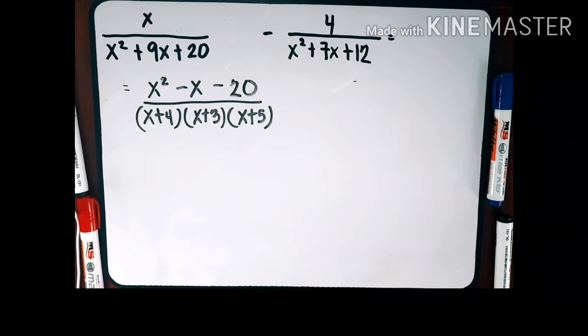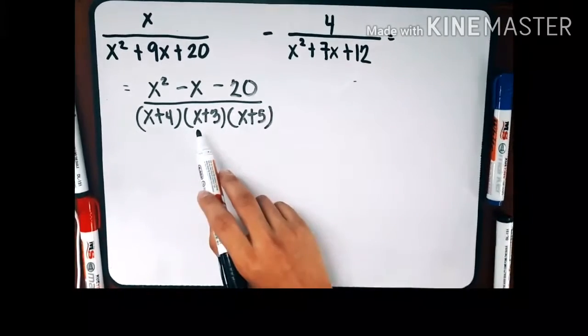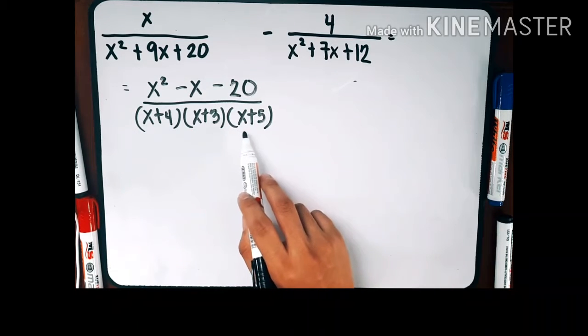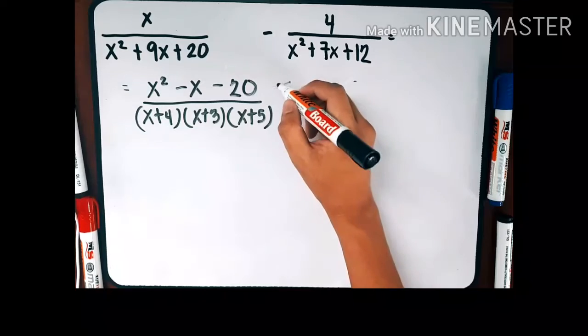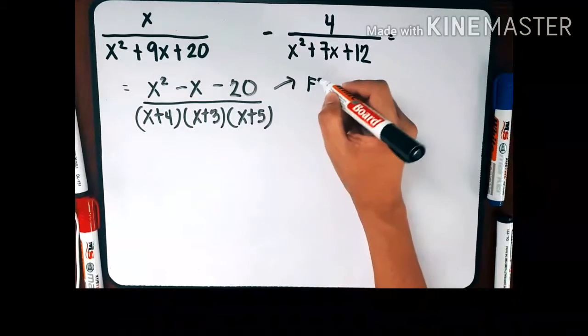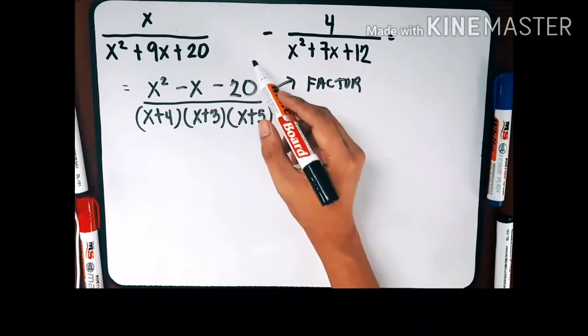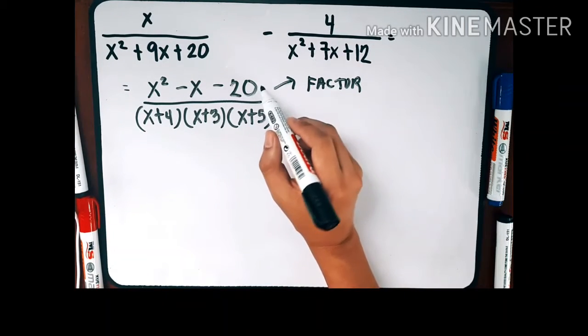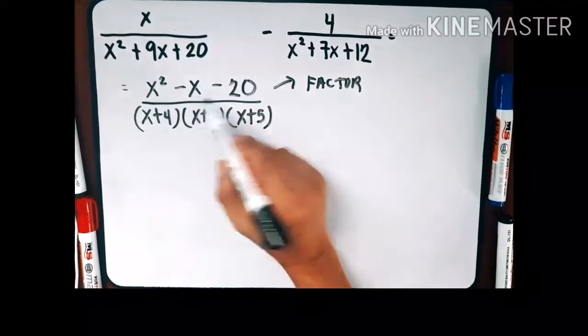So from here, (x squared minus x minus 20) over (x plus 4) multiplied by (x plus 3) and (x plus 5). Mapapansin natin na ito, pwede pa natin siyang i-factor. So, isip ulit tayo ng dalawang number that has a product of negative 20 and kapag pinagsama natin is negative 1.